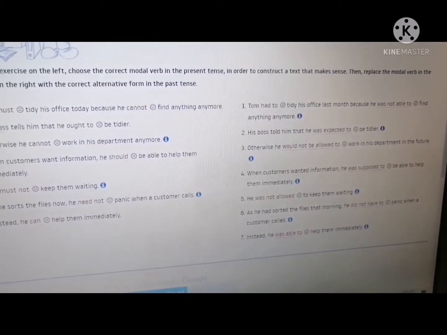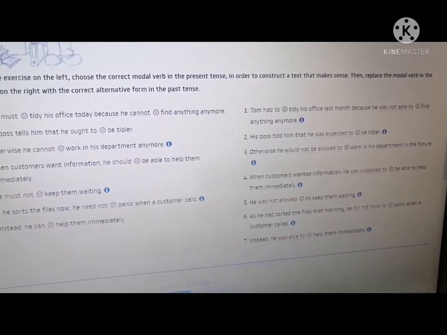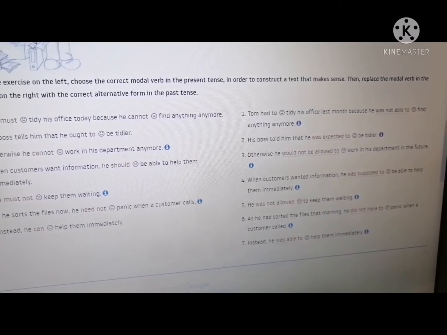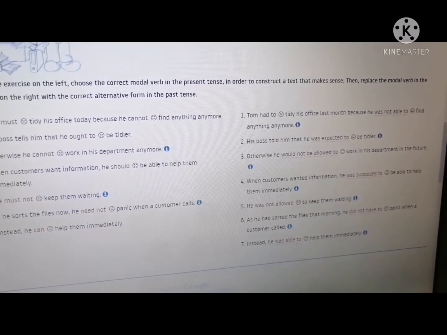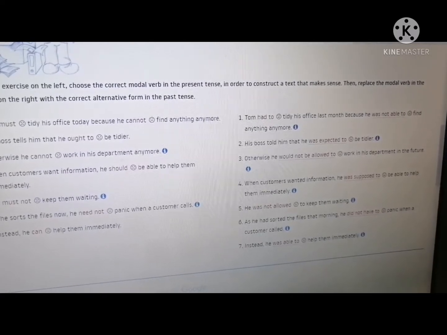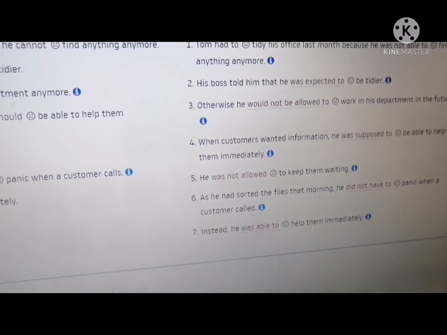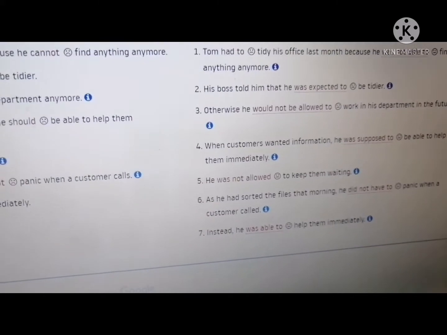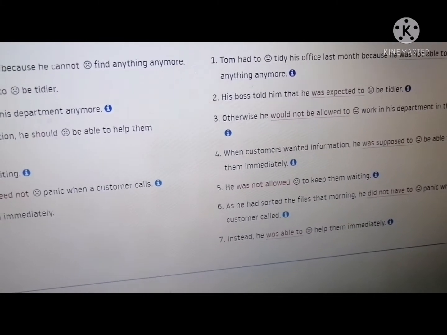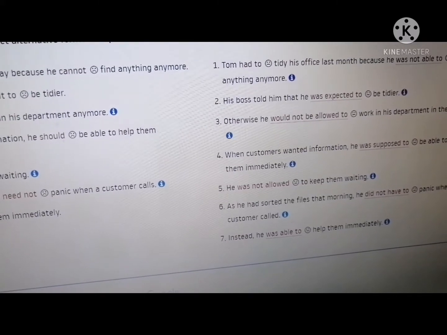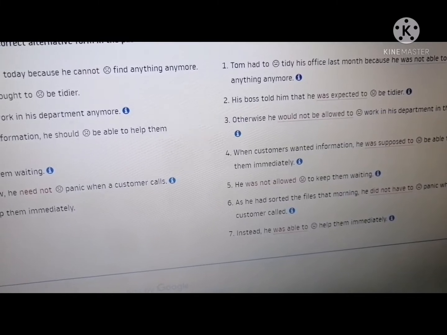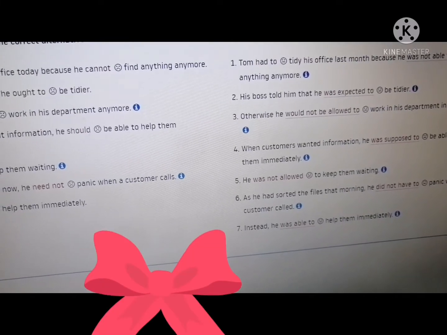Tom had to tidy his office last month because he was not able to find anything anymore. His boss told him that he was expected to be tidier. Okay, so we continue. Number 4, when customers wanted information, he was supposed to be able to help them immediately.